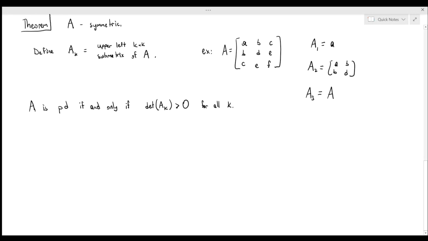So I will do a quick example of that. Let's say I have this symmetric matrix A. It's going to be 3, 1, 0, 1, 2, 1, and 0, 1, 3. So for this matrix A, I want to check, is it positive definite or not?